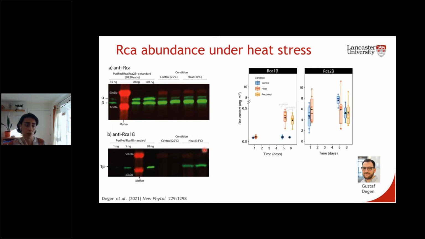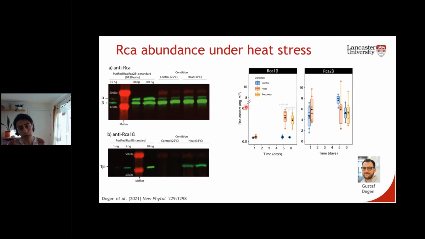So translating this information into numbers, the Rubisco activase content at the protein level increased in the heat-stressed plants, but only in the measurements done at 5 days of heat stress, and this abundance was still high when the plants returned to control conditions. The same was not true for the other isoforms, which remained constant throughout the treatment.